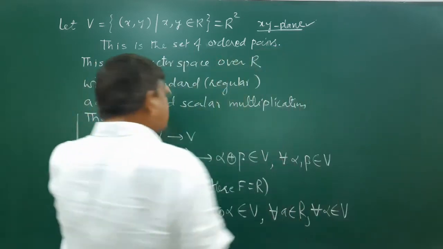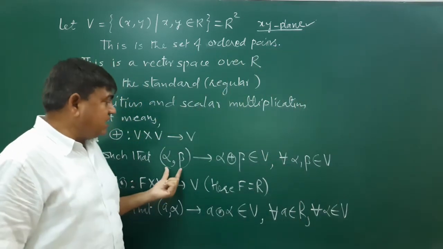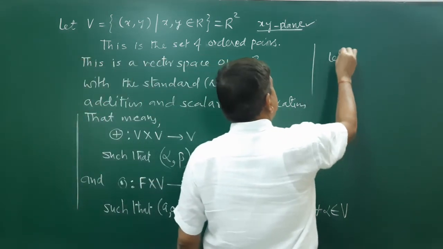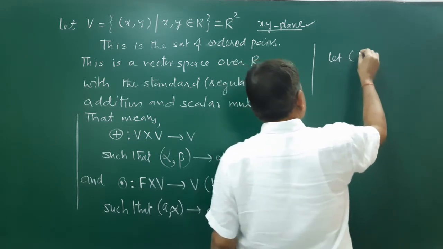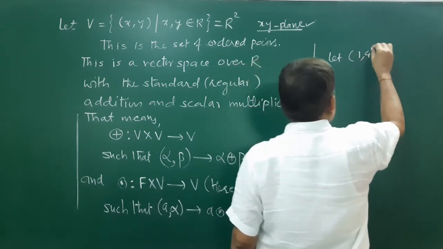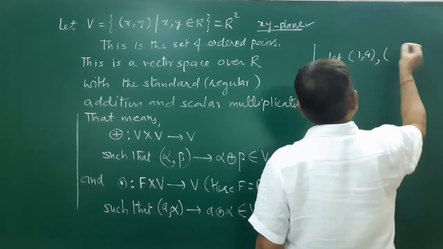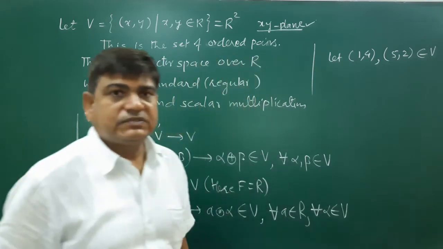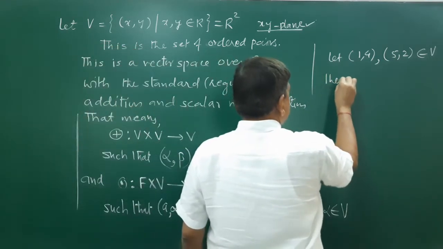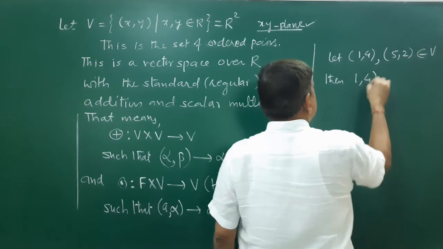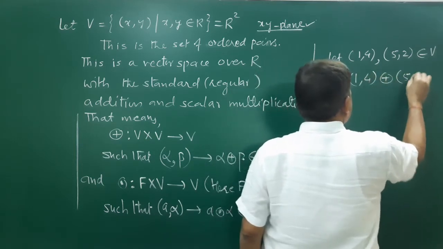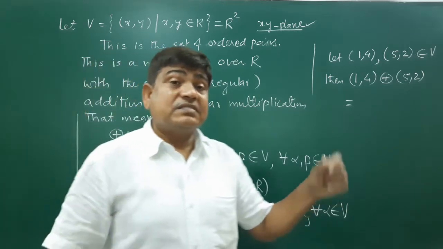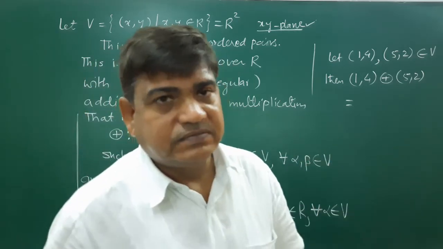So if we consider any 2 points, suppose I say let (1, 4) and (5, 2) belong to V. Then regular addition means component-wise addition.